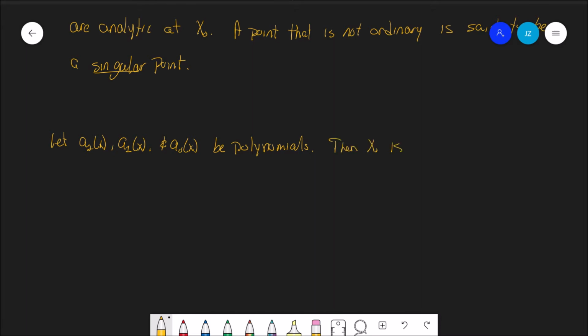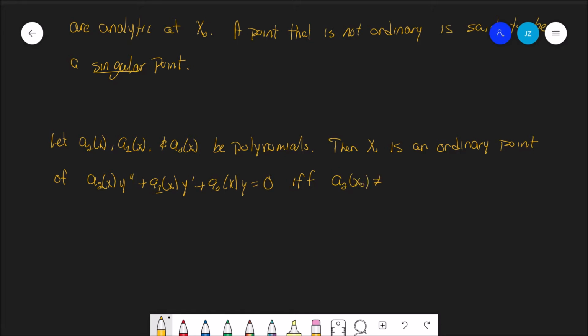Then x naught is an ordinary point of a2 of x y double prime plus a1 of x y prime plus a naught of x y equal to 0 if and only if a2 of x naught is not 0.